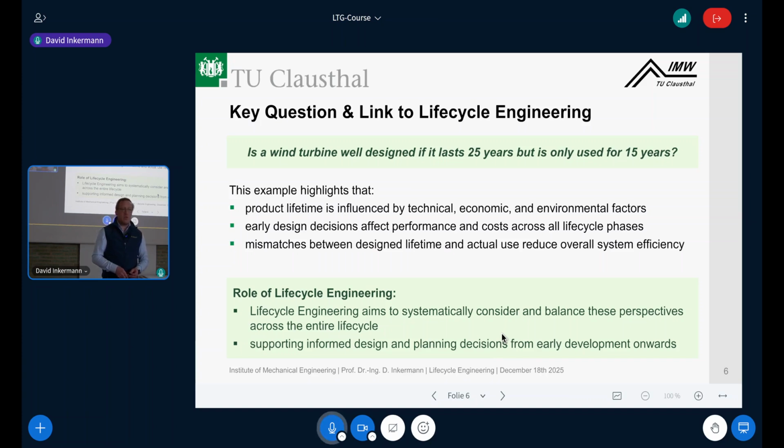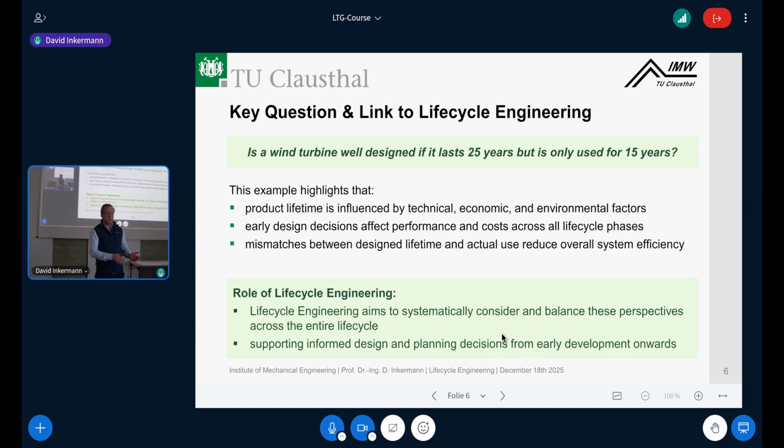And in order to design a more sufficient product, we have to take decisions very early. So design it for cost, design it for the life cycle phases. And in particular, this mismatch between different lifetimes is one of the indicators that we can use in life cycle engineering to decide for different designs. And that is also the role or the task that we take in life cycle engineering.